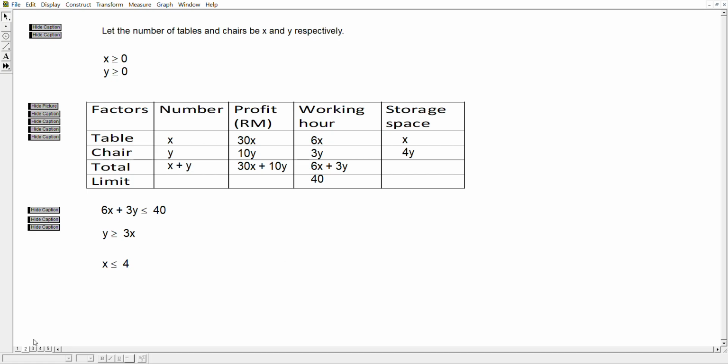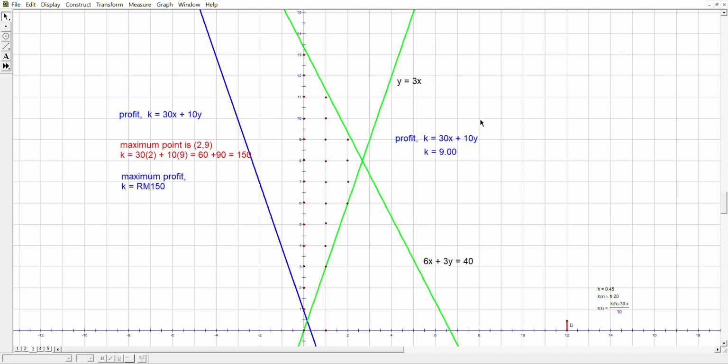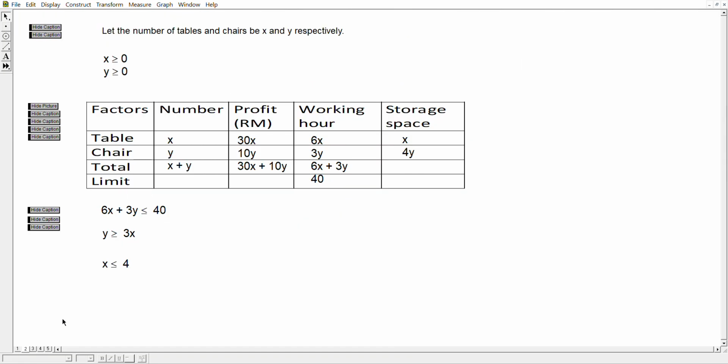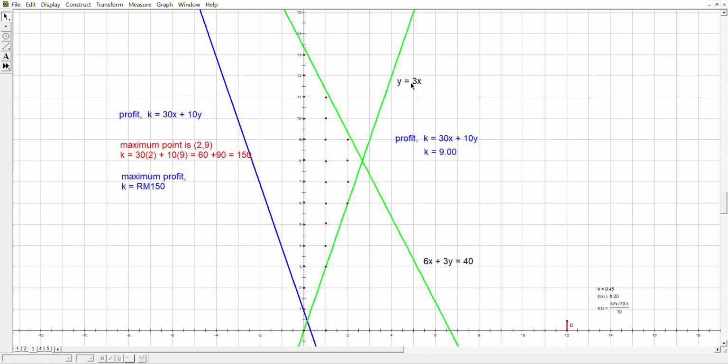Okay, now using these inequalities here, 6x plus 3y less than or equal to 40, y is greater or equal to 3x, and x less than or equal to 4, we plot over here. Now this is the line y equals 3x.